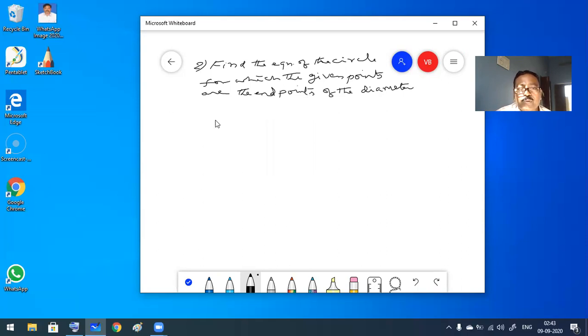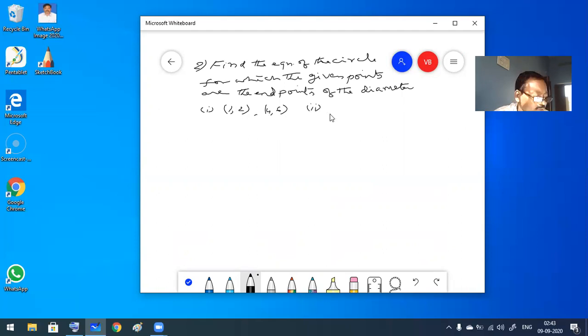So the given points are end points of the diameter. First one, two points are given: 1 comma 2 and 4 comma 6. So this is one question.